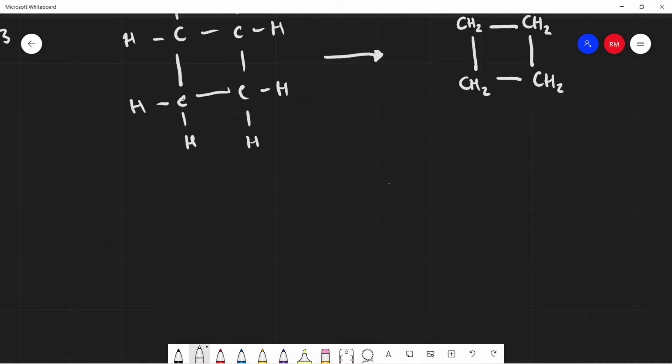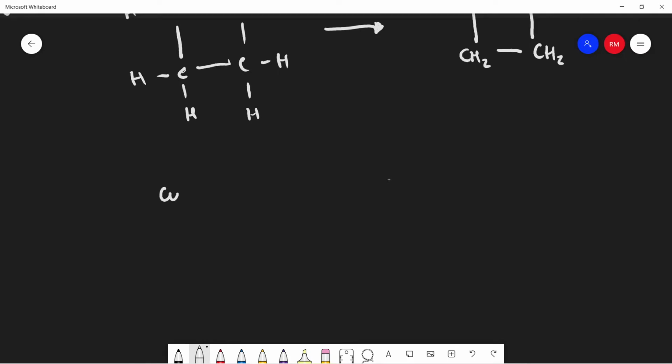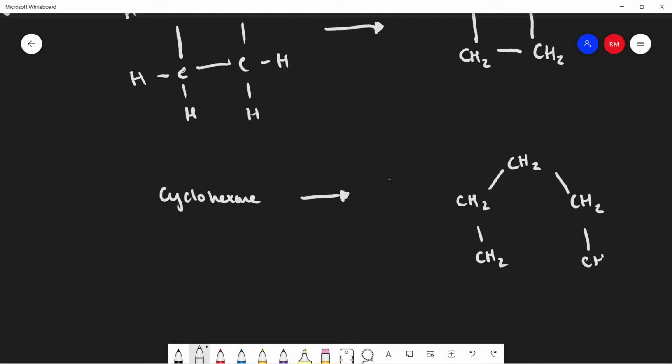Now, what about cyclohexane? Just pause the video here if you want to give that a go. But here, I'm just first going to draw out my cyclohexane in structural formula, and it should look something like this.